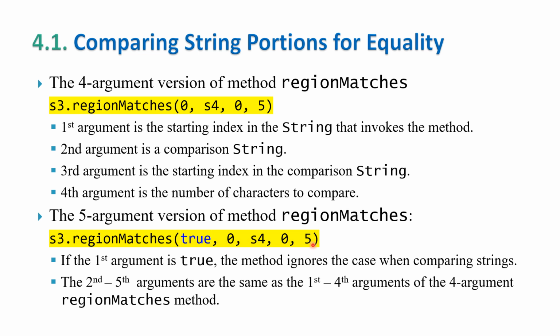The remaining arguments are the same as the arguments in the four-argument version of the regionMatches method. So in particular, the second argument in the five-argument version is the same as the first argument in the four-argument version, and so on.